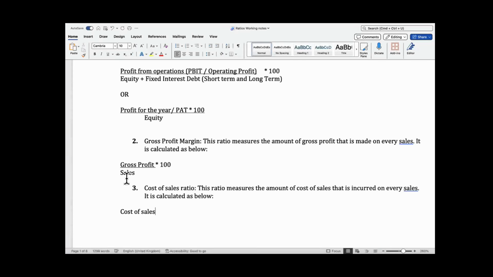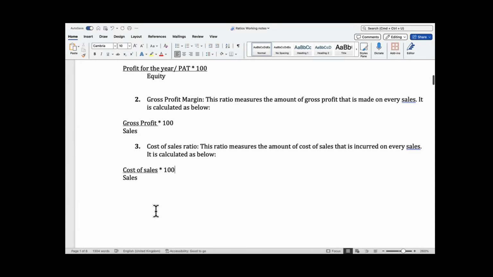It is cost of sales over sales times 100/1. That's the cost of sales ratio.